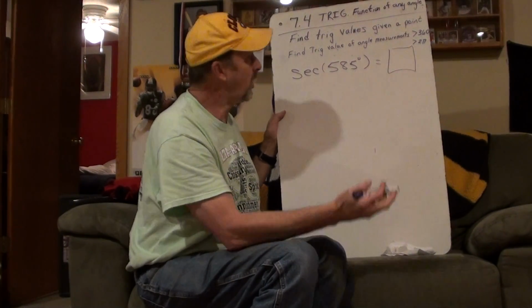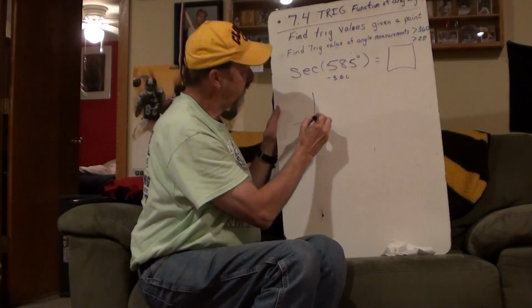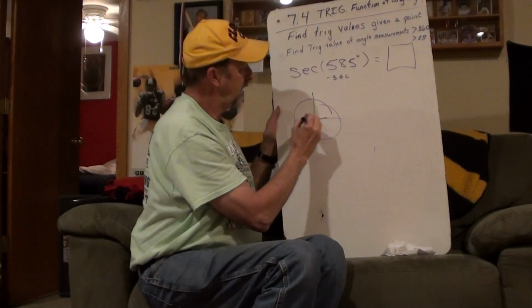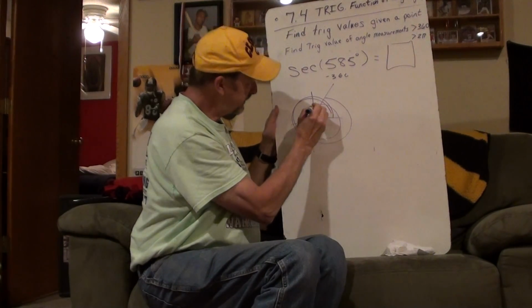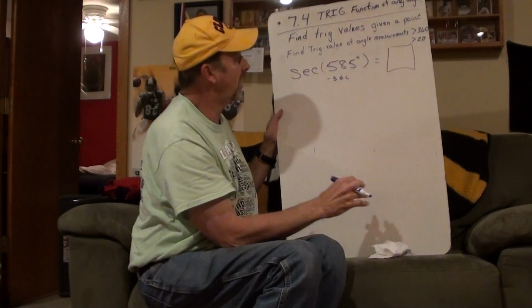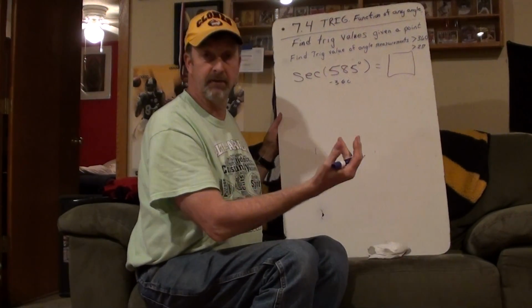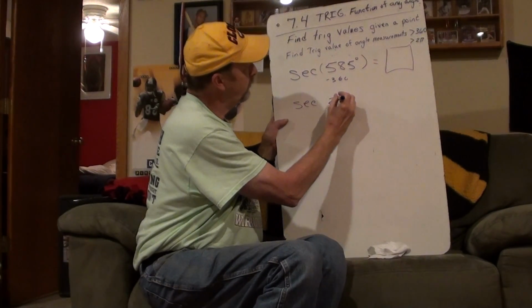Let's take 360 off of it, because remember, if you go around and end here, or if you just have this, it's the same thing. So we can take multiples of 360 off. We'd take 720 off if it was a really big number, but we're going to get secant of 225.